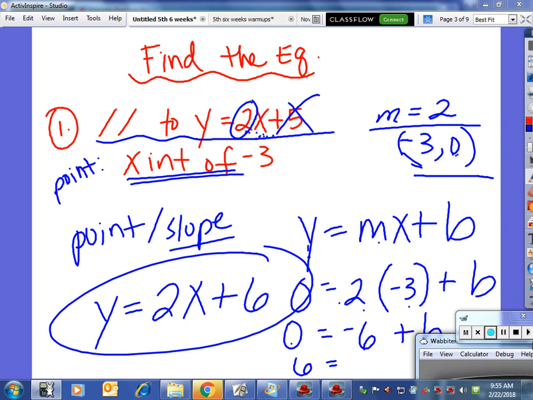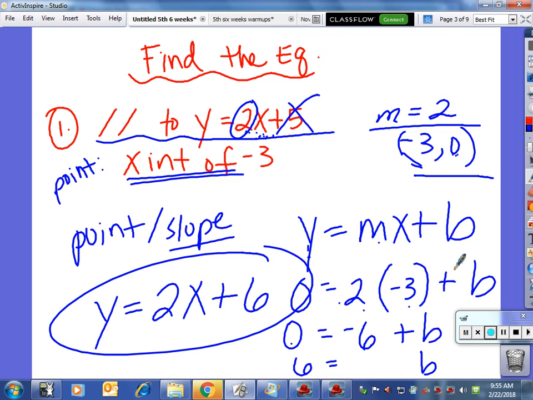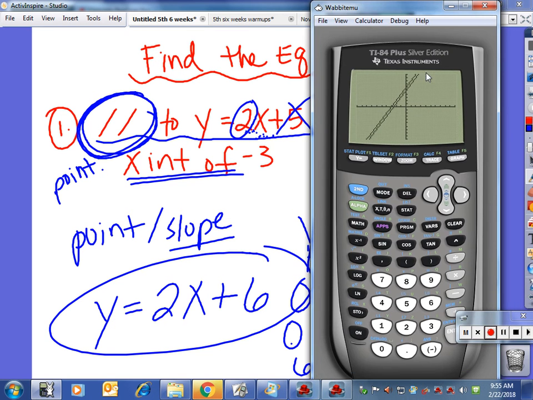Yeah, now you don't turn it into a fraction. On perpendicular lines, whatever the slope is, you flip it upside down and change the sign. But this was not a perpendicular question. This was a parallel question. Parallel questions have the same exact slope. And they should look parallel when you graph them. And they do. They're super, super close together.